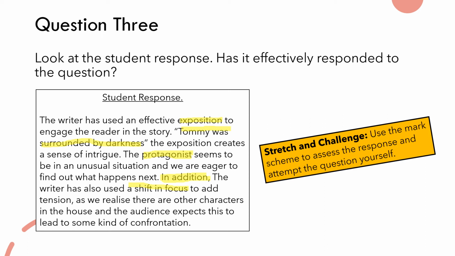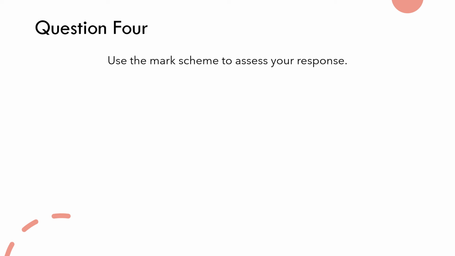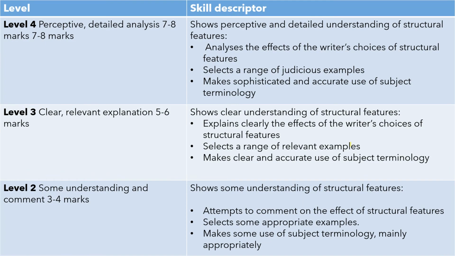So now we're going to move on and just look at the mark scheme. This is the mark scheme that the examiner is genuinely going to use to help justify the grade that you're awarded. One thing that I'll point out with these ones is that there's not really much difference between each level.